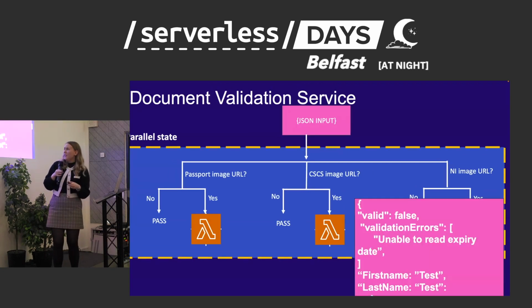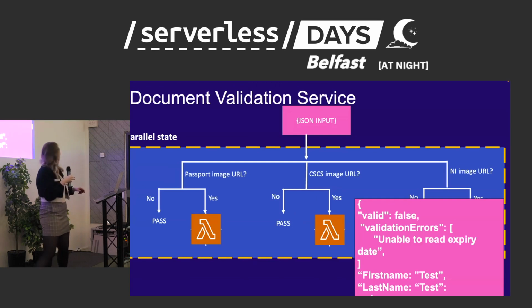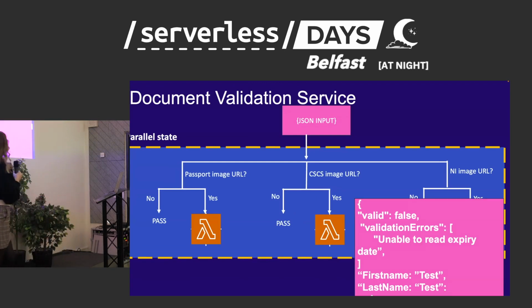So each lambda is set up to return the exact same response. So they will return if that document was overall valid, true or false. They'll return any validation errors from that document. So that could be things like, was the expiry date unable to be read? Or maybe the reg number wasn't the right length, or anything like that.